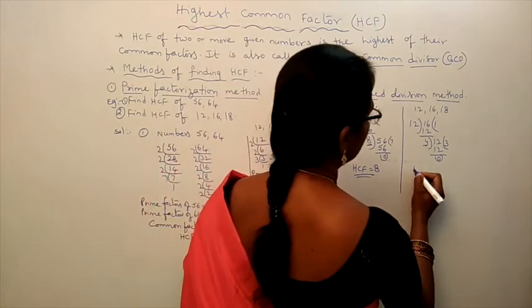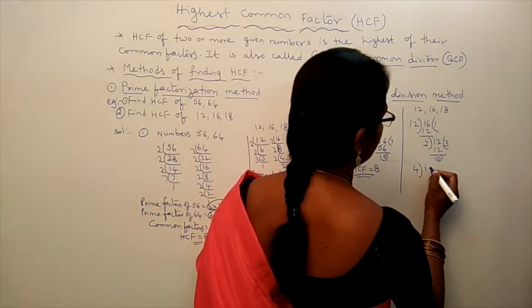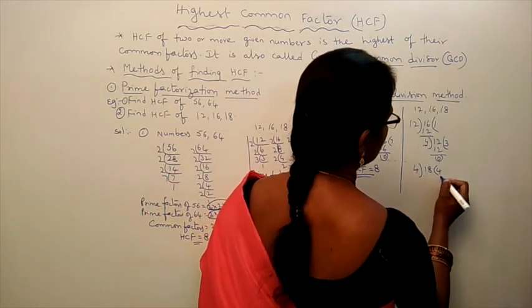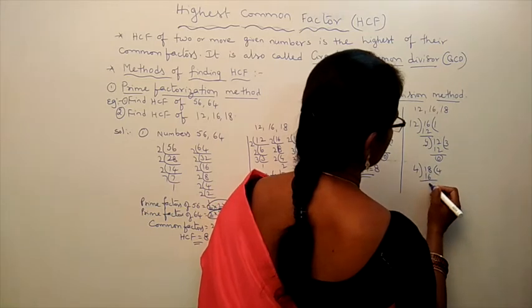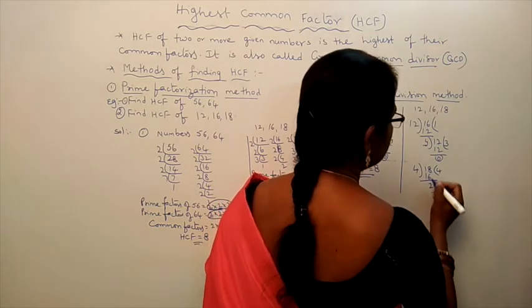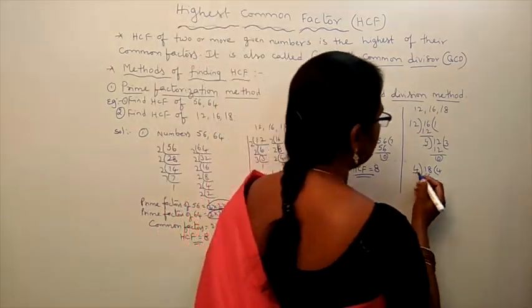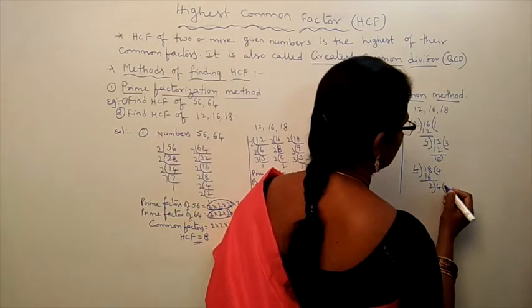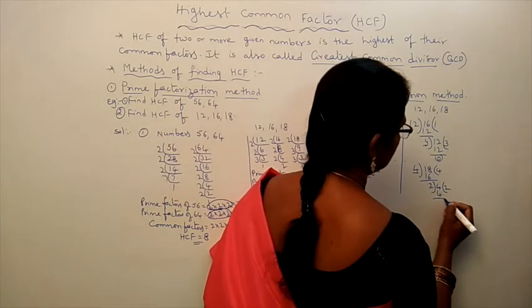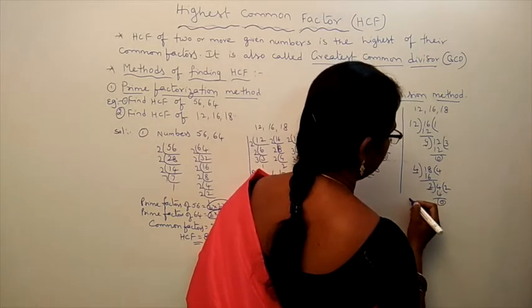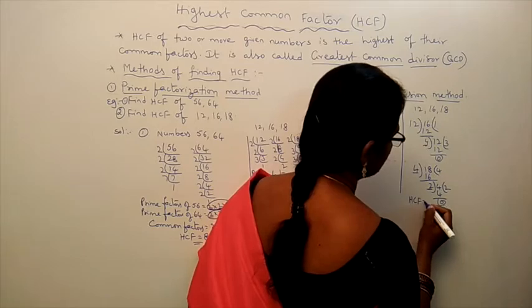Then you have to do 18 with 4. 4 fours are 16, remainder 2. Again the remainder we got is 2. Then it becomes the divisor and the divisor becomes the dividend. 2 twos are 4. Then what is the divisor? 2. Then HCF is equal to 2.